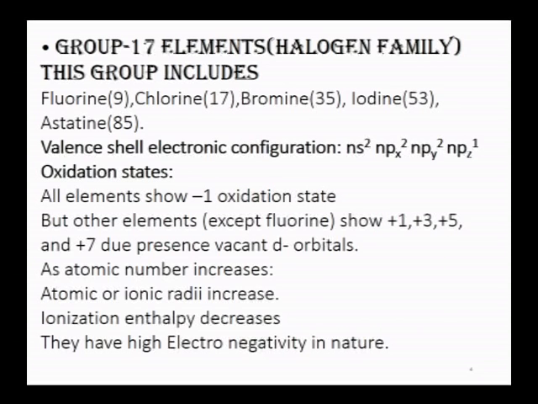Synopsis regarding group 17 elements, that is the halogen family. This group includes fluorine, chlorine, bromine, iodine, astatine. Valence shell electronic configuration is ns2, np5, that is npx2, npy2, npz1.